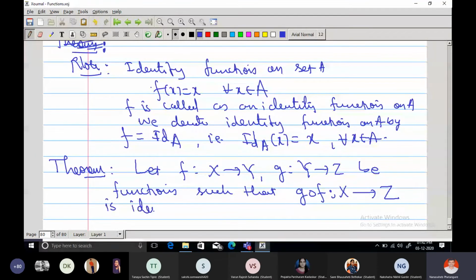The composition is identity function. Okay, I should make some changes in the statement. So what changes should I make? This is not a correct statement, because when you are saying identity, that means x goes to x. That means the codomain of g composite f should be the same. Correct? Is it clear?